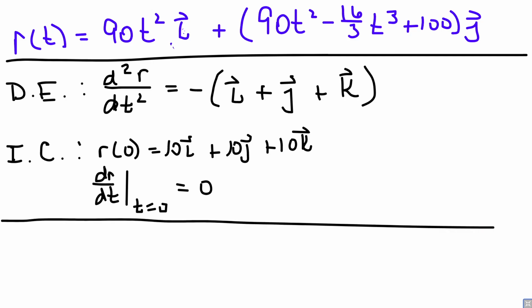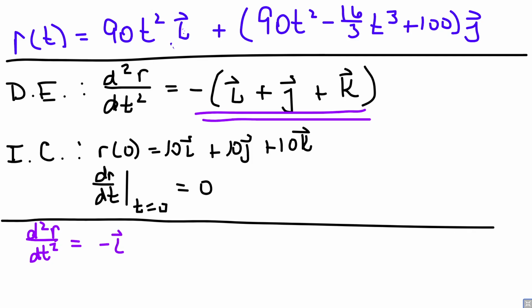So if we start, we're going to have d squared r dt squared is equal to. Now, to make my life easier, I'm just going to run the negative through. So I'm going to have negative 1 in the i direction minus 1 in the j direction minus 1 in the k direction.